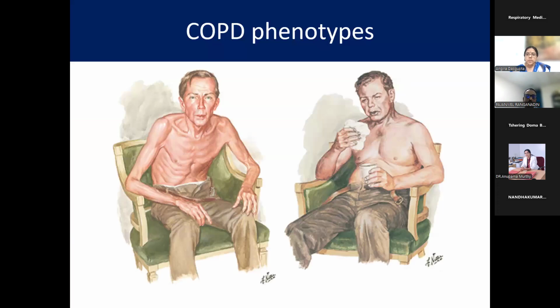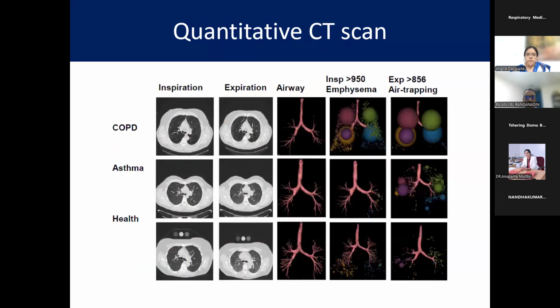We've all seen these two people sitting in several pictures that we have seen since our childhood. A pink puffer and a blue bloater, a predominantly emphysematous patient compared to a chronic bronchitis patient. So quantitative CT scan is coming up in a very big way these days, where you can identify the small airway dysfunction in these patients.